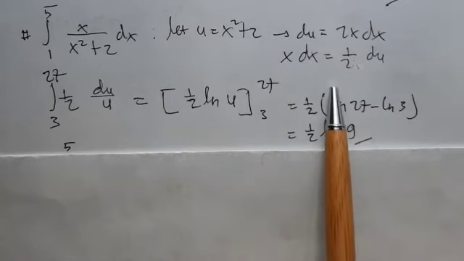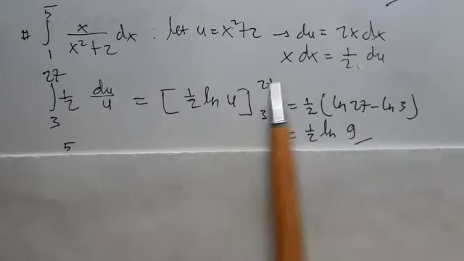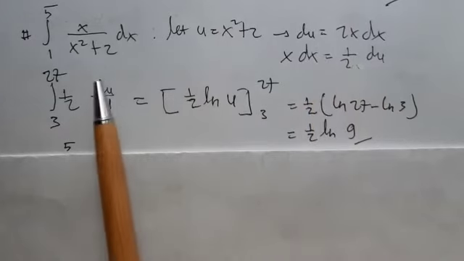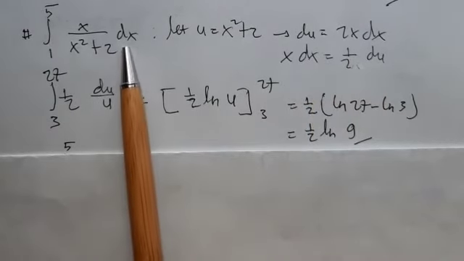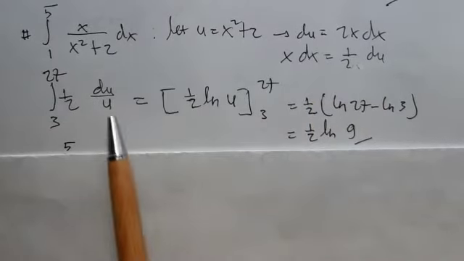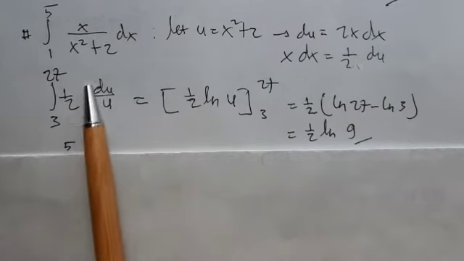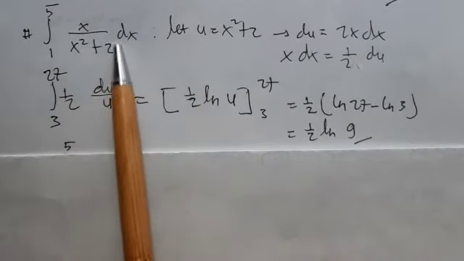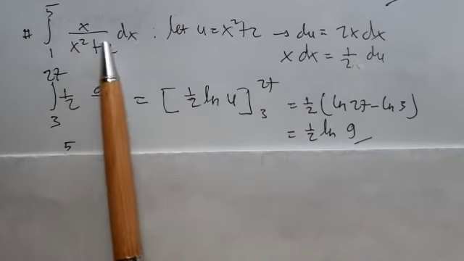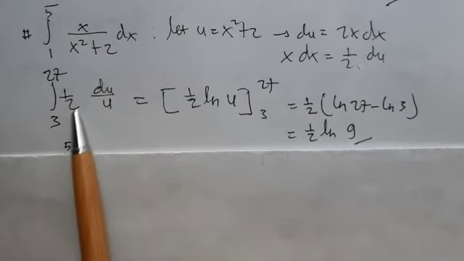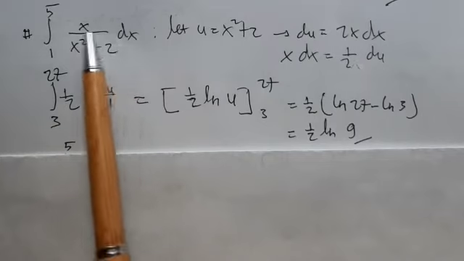Now substitute du and u in this equation. The x dx is half du and this part is u.